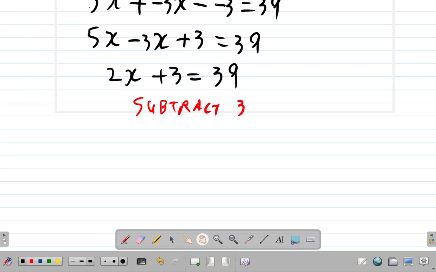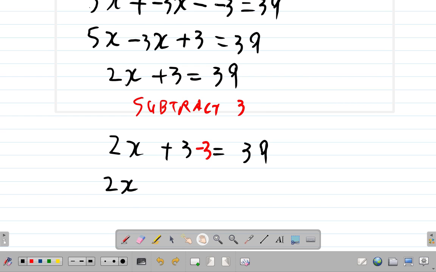So that being the case, we have 2x plus 3 equals 39. We subtract 3 from the left hand side. When we subtract 3, what we would have is 2x, because 3 minus 3 is 0, so that's gone, right?